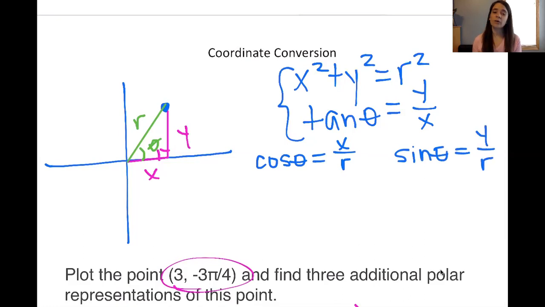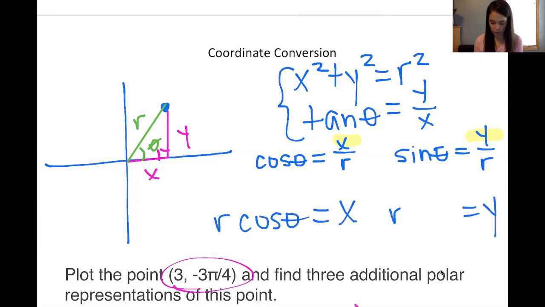Now if I were to rearrange both of these, and this is what you'll want to write down, if I want to solve each of these for x and y, then I would multiply r to the other side to where x is r cosine theta and y would equal r sine theta.